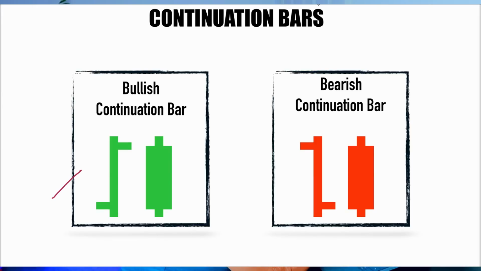Let's remember that these two bars are representing the same thing. This is an OHLC bar and this is a candlestick, but they both represent the same. It's just some people prefer to look at candlesticks and other people prefer to look at OHLC bars.